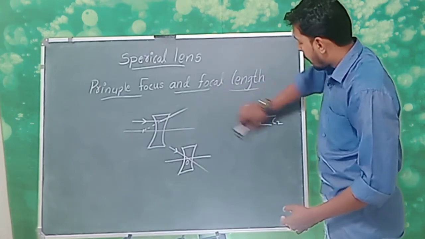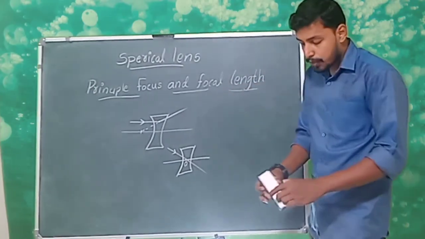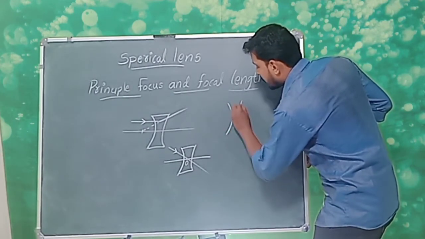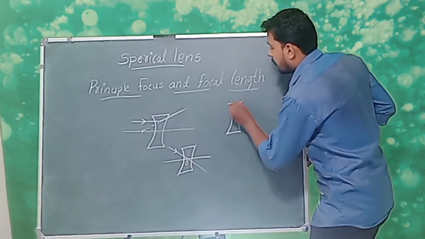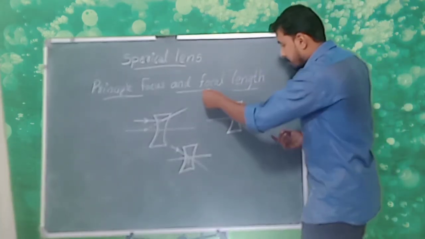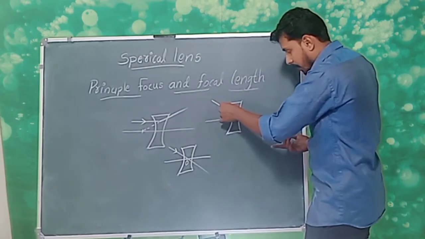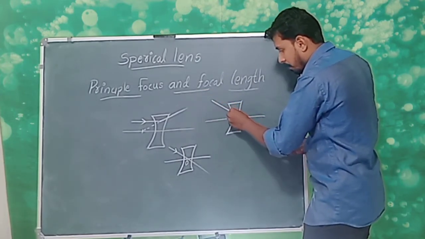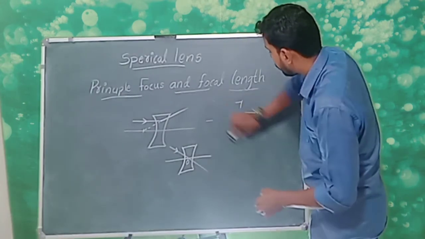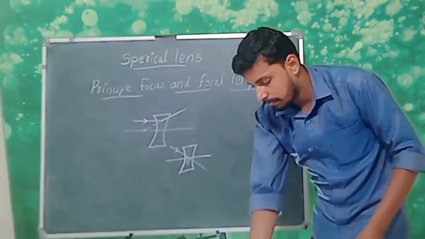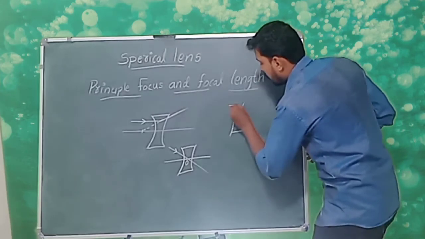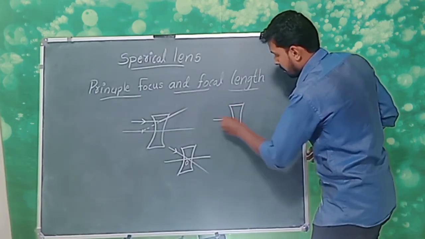The third rule is that the deviated light will go parallel to the principal axis.